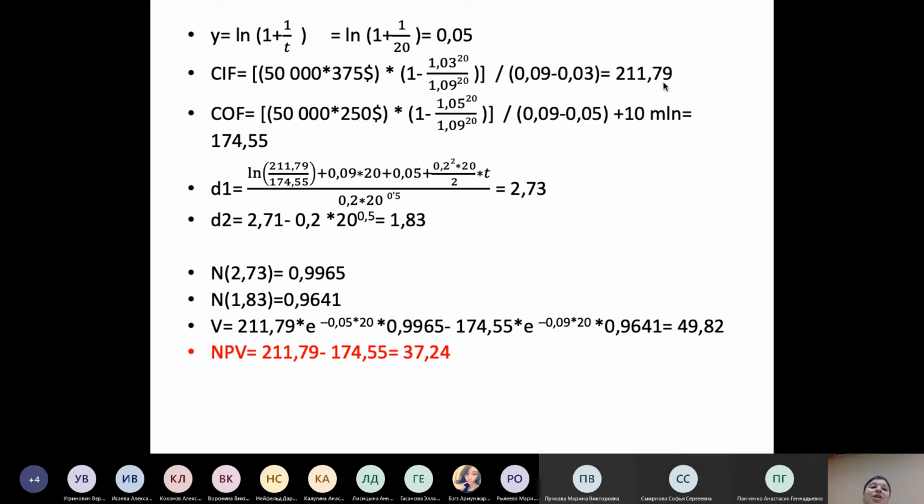As for our cash outflows, the same, we are using the stable growth model in this context.